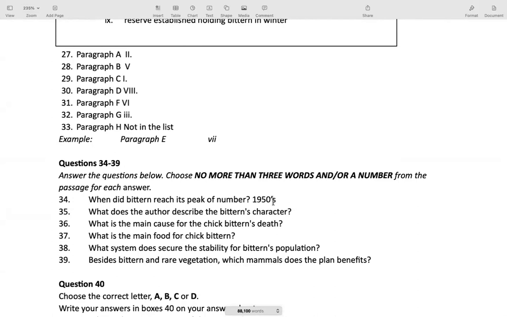It's not correct. There's no apostrophe there. That changes the meaning. So tell me, what's the meaning of 1950s?